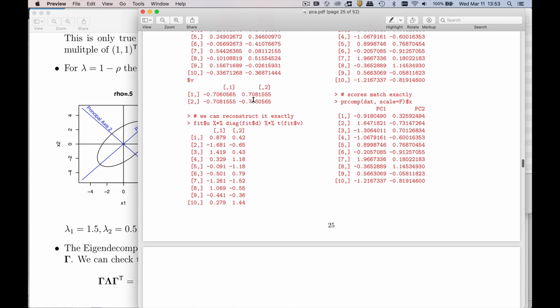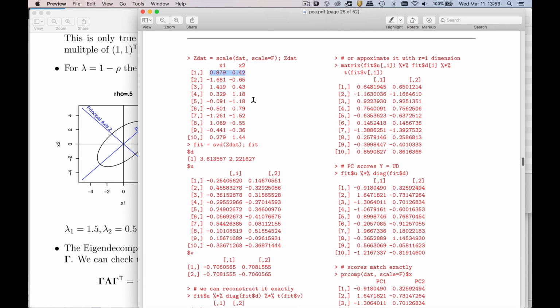So we've confirmed that the SVD works numerically. Let's now do an approximation. If I were to drop one of my dimensions, in this case I can only drop one, what we end up with is an approximation. Here is that approximation to the original matrix.